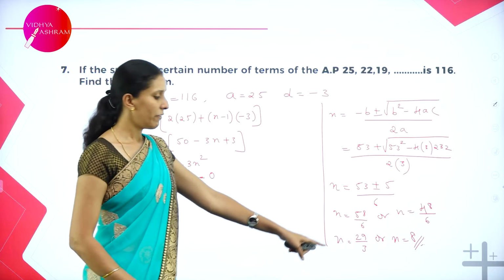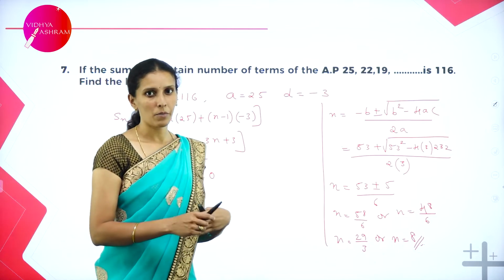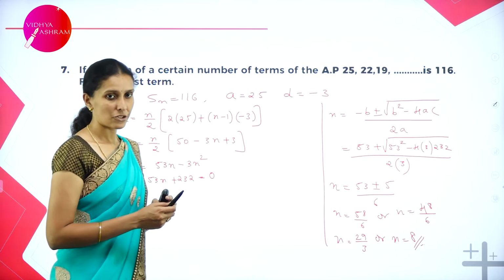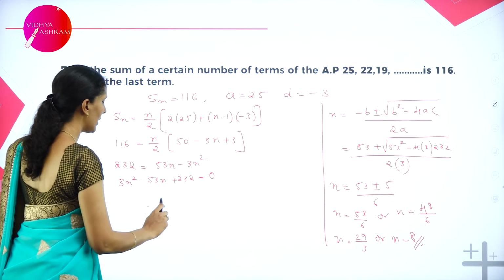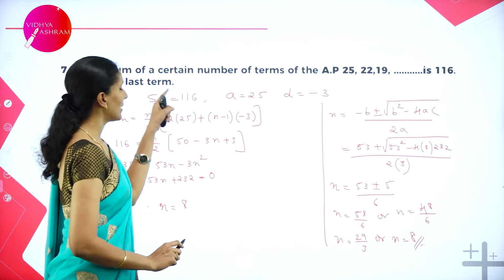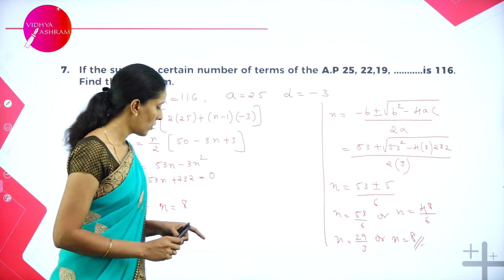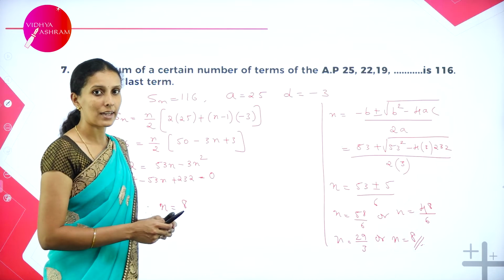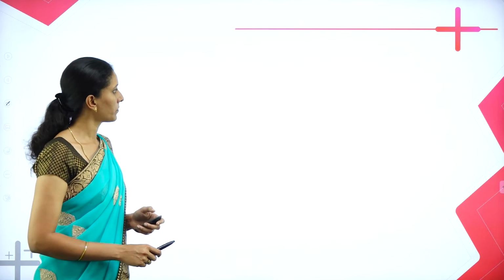So n cannot be a fraction because we are counting the number of terms here. Counting is always a natural number. So therefore clearly here n is equal to 8. Now we need to calculate the last term. We have only 8 terms, and we are supposed to calculate only the last term.